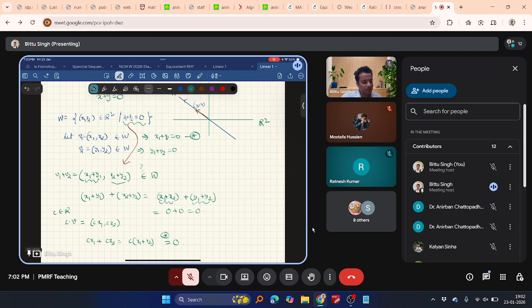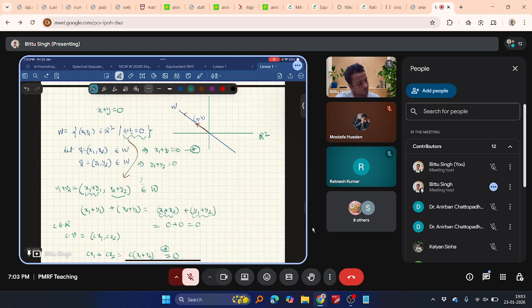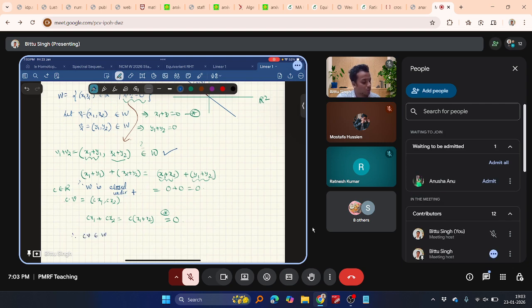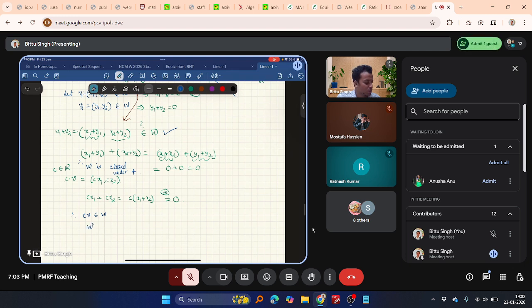Therefore their addition and their scalar multiplication belong to the same W. So c times v belongs to W. Therefore we say that W is closed under addition, and W is closed under scalar multiplication.